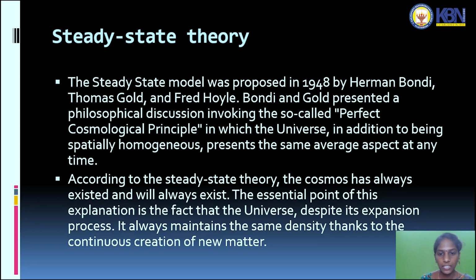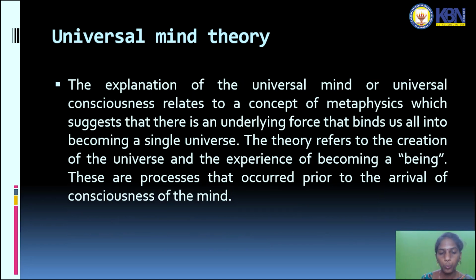According to the steady state theory, the cosmos has always existed and will always exist. The essential point of this explanation is the fact that the universe, despite its expansion process, also maintains the same density thanks to the continuous creation of new matter.